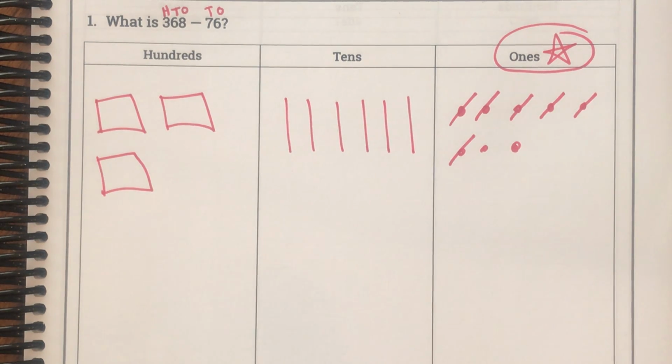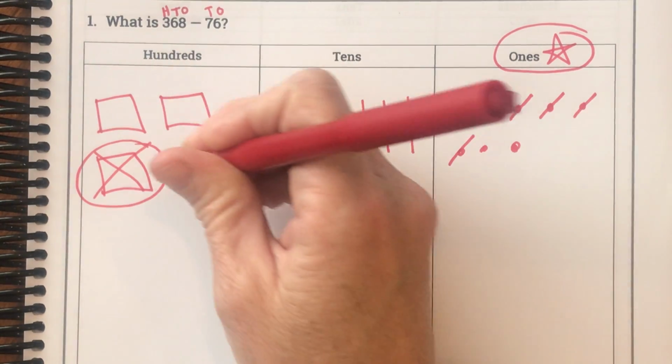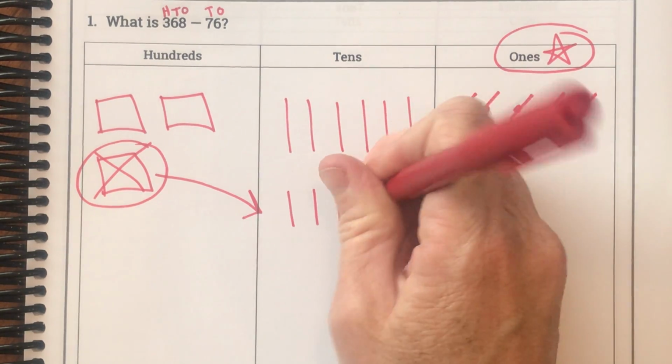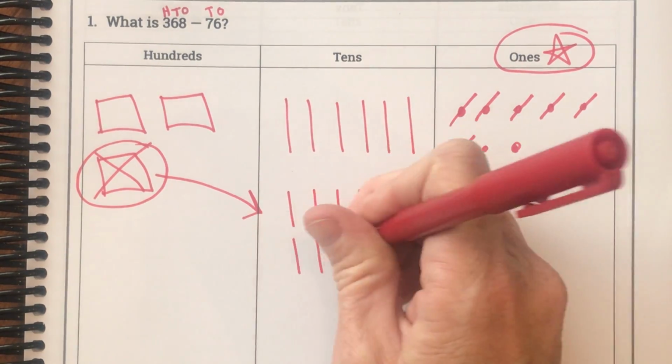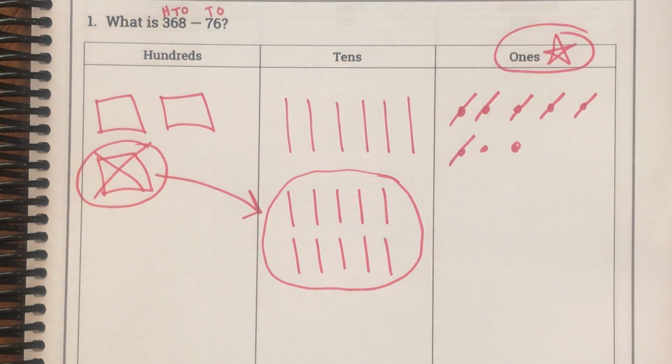Okay, so this is our new step. I'm going to regroup then. I'm going to take this 100, and this 100 is worth 1, 2, 3, 4, 5, 6, 7, 8, 9, 10 tens. 100 is worth 10 tens. And that's true, because think about if you count.